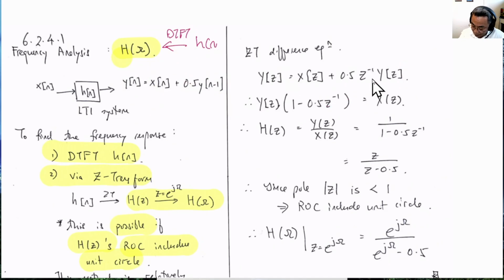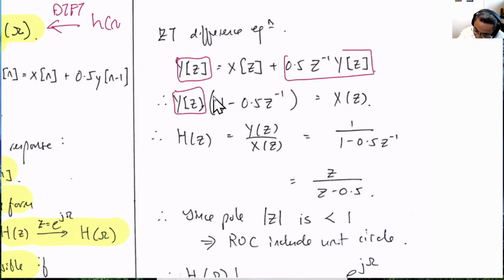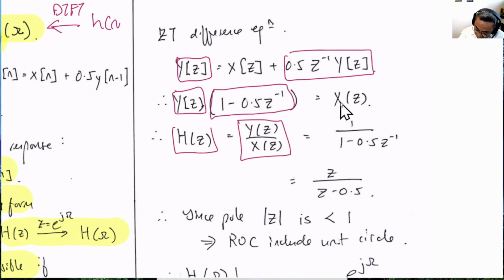Once you have done that, we can manipulate this algebraic equation, and we bring Y of z to one side and bring this term to the other side, and we have Y of z times (1 minus 0.5 z to the minus 1) equals X of z. Now all we are going to do is to say that H of z, the transfer function, is defined as the output in the Z domain divided by the input in the Z domain. So it's Y of z over X of z.